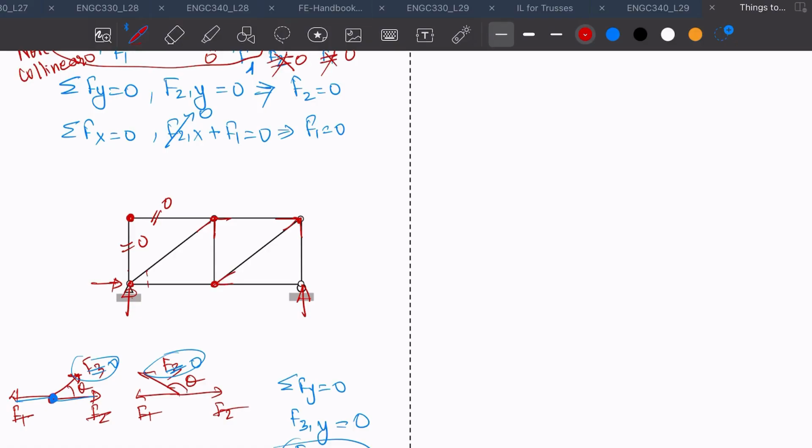This has 1, 2, 3, 4, so it has 4. Basically we can't say which one will be 0. And here I have this, they are collinear, and this is non-collinear, so I will say this is equal to 0.